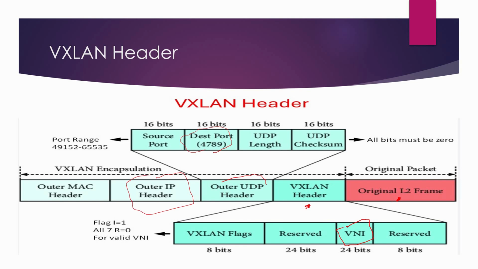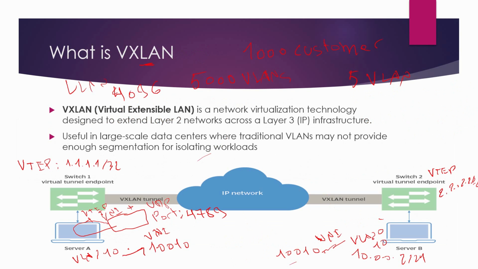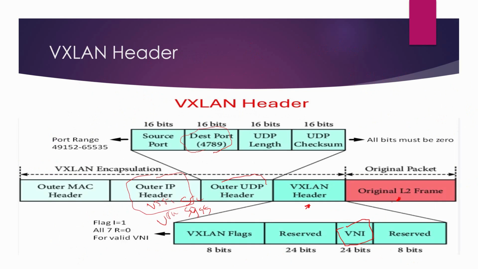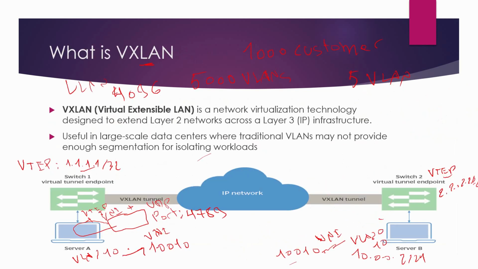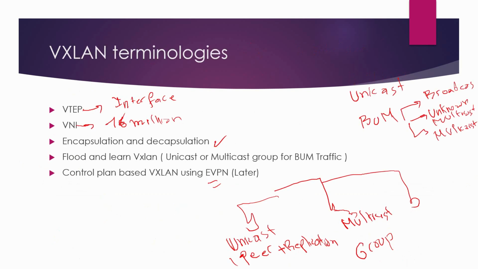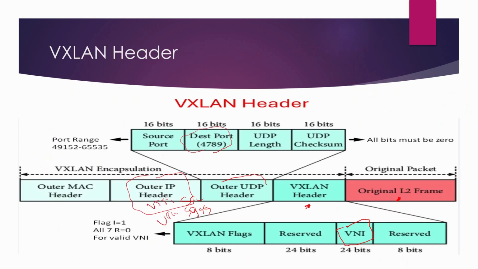The outer IP header is VTEP source and VTEP destination, if we go back to our example, 1 and 2. And the outer MAC header is the physical interface here and my next hop MAC address. So this is about the VXLAN header.